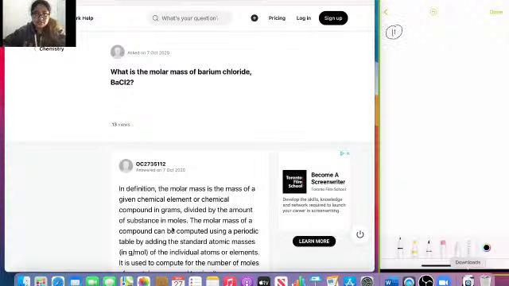Next question says, what is the molar mass of barium chloride? Okay, so let's first write out the chemical formula for barium chloride. Barium chloride consists of barium and chlorine basically.